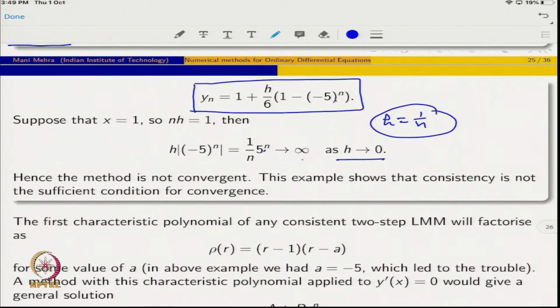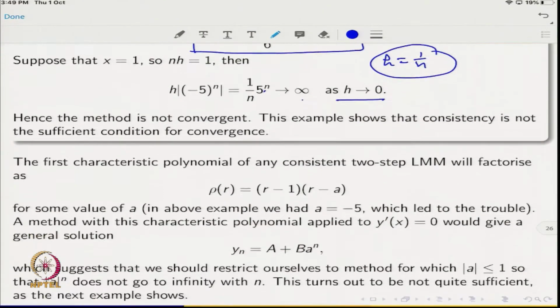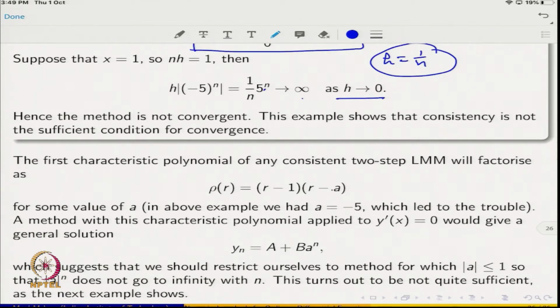Keeping that in mind, the first characteristic polynomial of any consistent 2-step LMM will factorize, of course, as r minus 1, r minus a, and in this case we have seen a is minus 5, which is leading to the trouble.